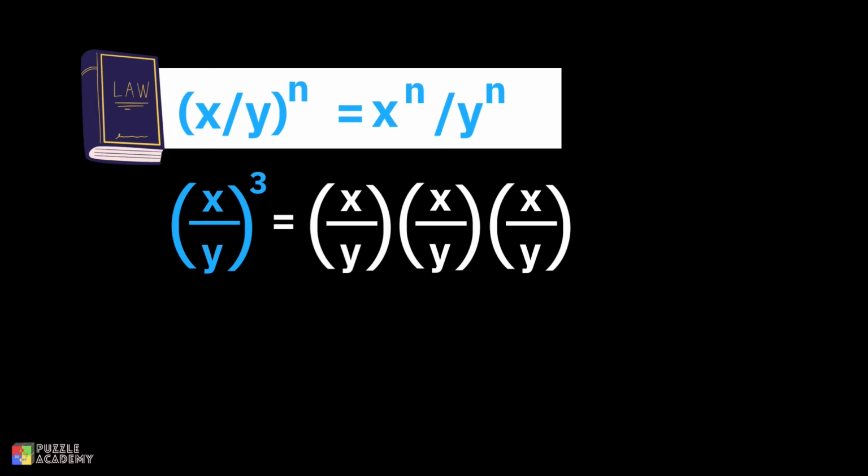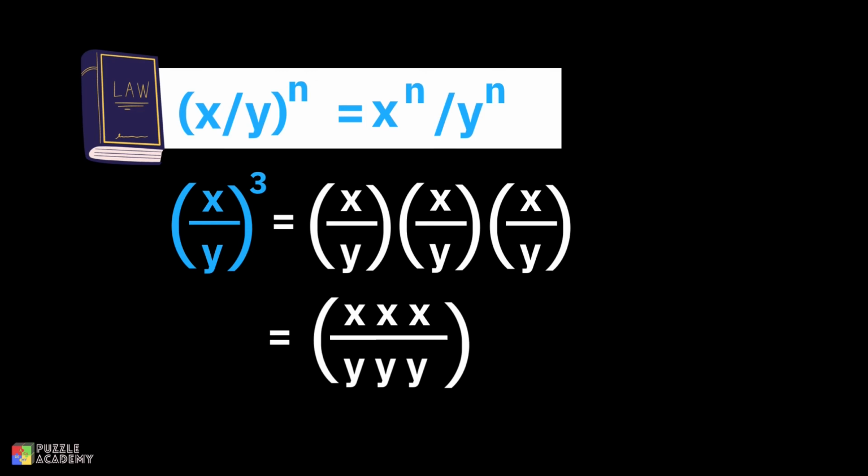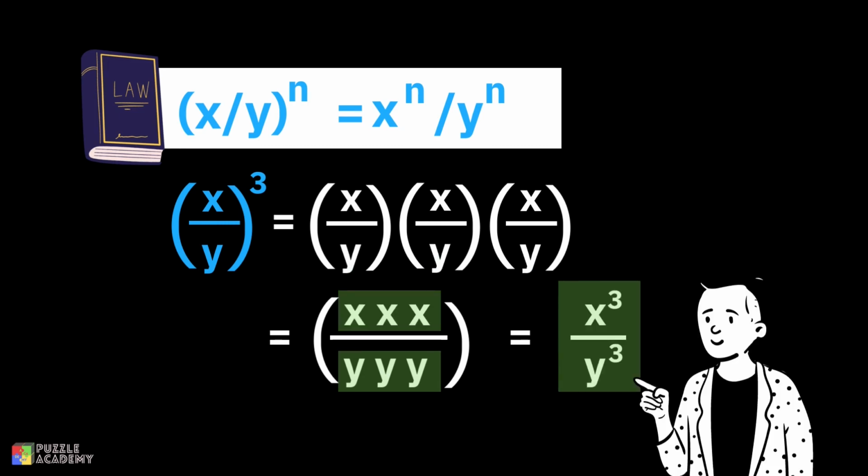So we have x over y times x over y times x over y. Then we rearrange the x's and y's, so we have x times x times x in the numerator over y times y times y in the denominator. Now, if we count the number of x and y in the numerator and denominator, we have x cubed over y cubed. And that will be our final solution here.